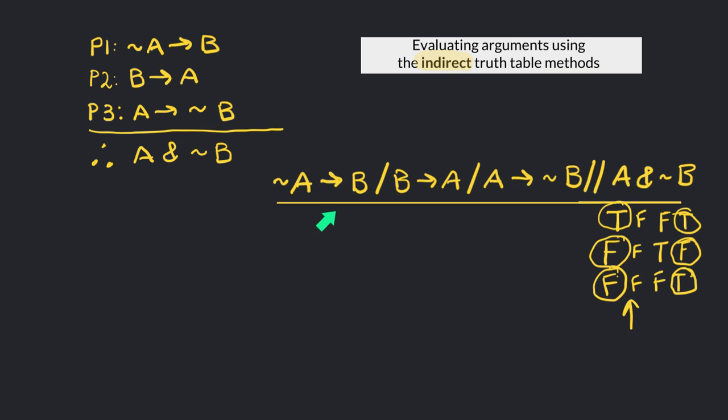And that means you can't consistently make all three premises true without encountering a contradiction. Well, does that mean that the argument is valid? No, because all we need is one set of truth conditions that could be consistently applied across the argument.